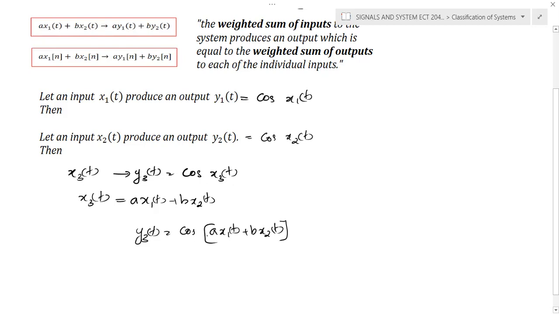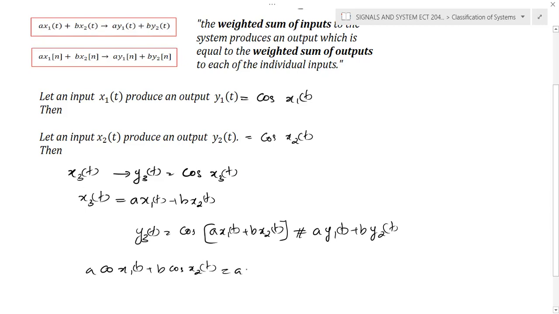And if you split this, it becomes cos a plus b, which is not equal to a y1 of t plus b y2 of t, because a y1 of t plus b y2 of t is equal to a cos x1 of t plus b cos x2 of t.